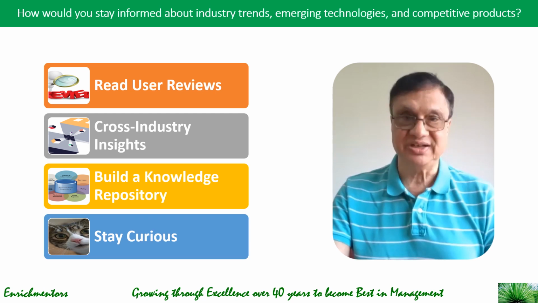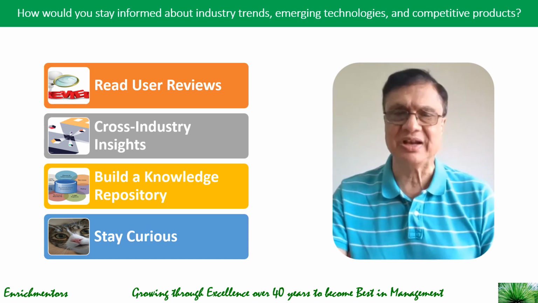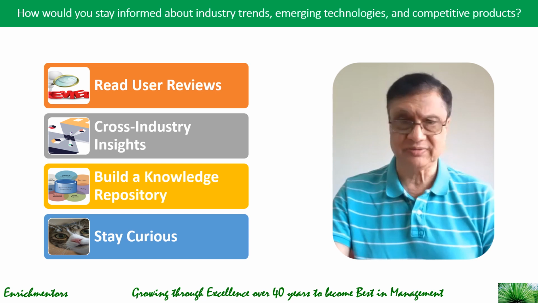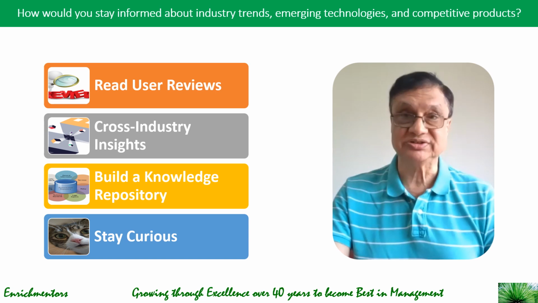Cultivate a curious mindset above all. Always be open to learning and exploring new ideas and technology, even if they don't immediately seem relevant to your product. So remember that staying informed is an ongoing process, and you need to keep scanning the environment.